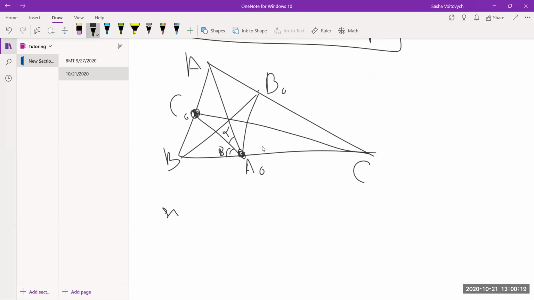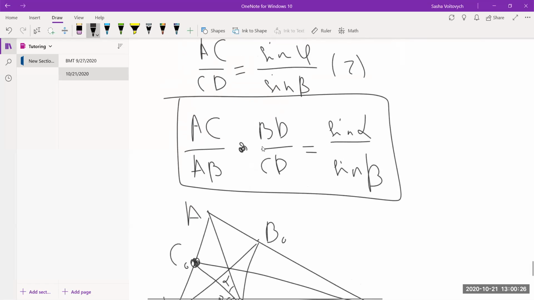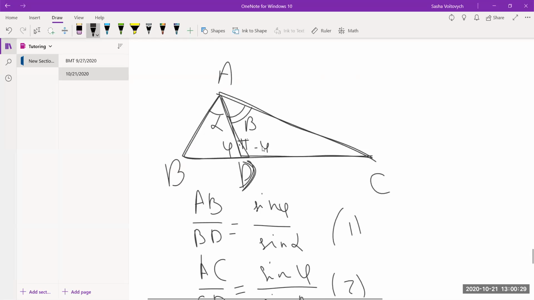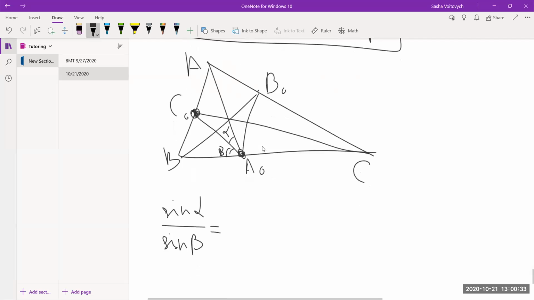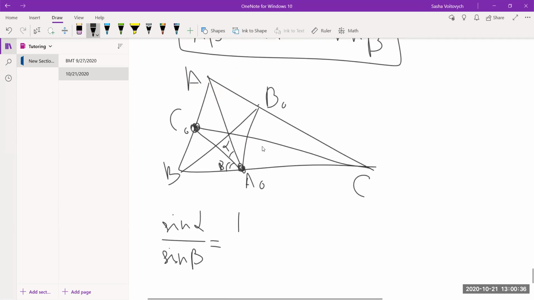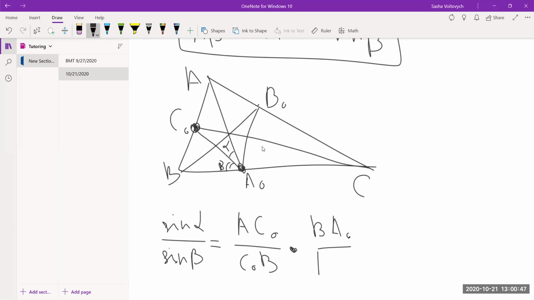So sine alpha to sine beta is equal to AC0 over C0B times BA0 over AA0. So this is our lemma for the triangle ABA0.